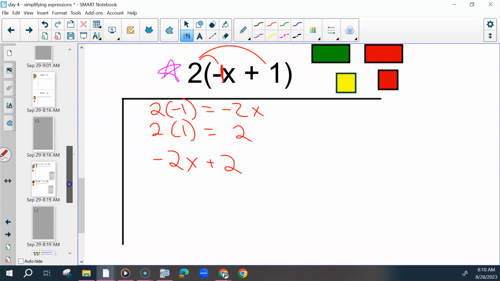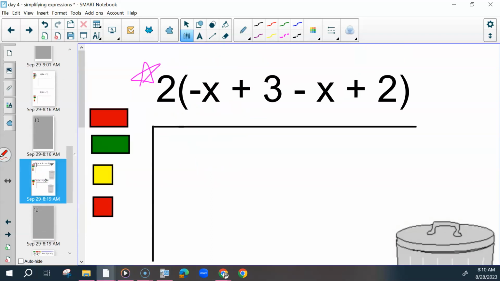Let's skip the next page for the sake of time, and then go on to this one, because I'm going to show you that there are two different ways to go about doing this. One, if you're using your order of operations, we would do grouping or parentheses first, do it inside the parentheses, and then continue. So we'll do it that way, and then we'll switch.